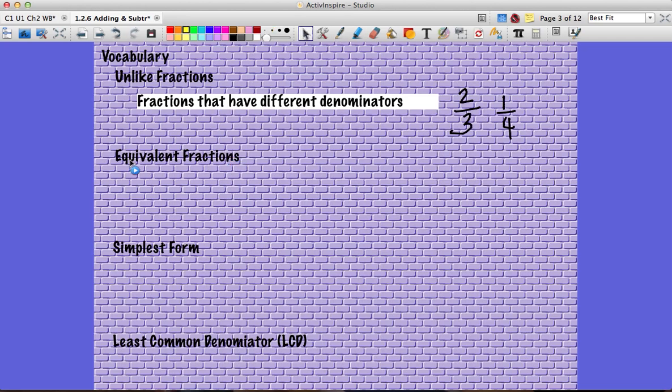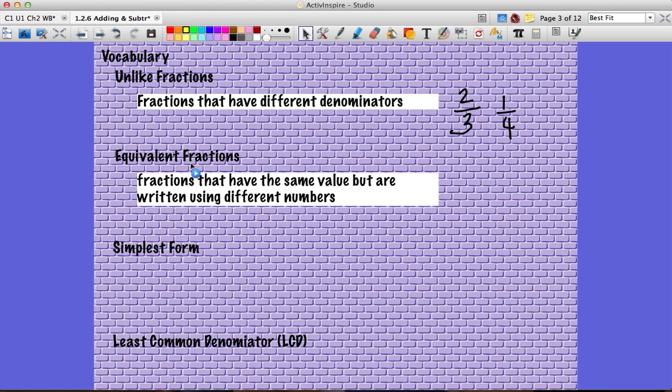Equivalent fractions. In the word equivalent, we hear equal. So equivalent fractions, we can deduce, are fractions that are equal or have the same value. Now these fractions have the same value, but they are written with different numbers.